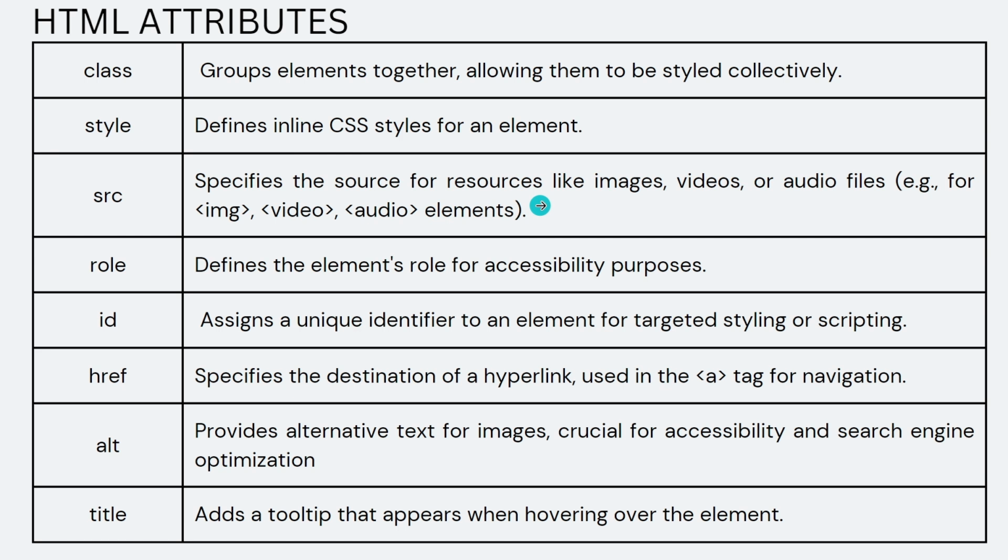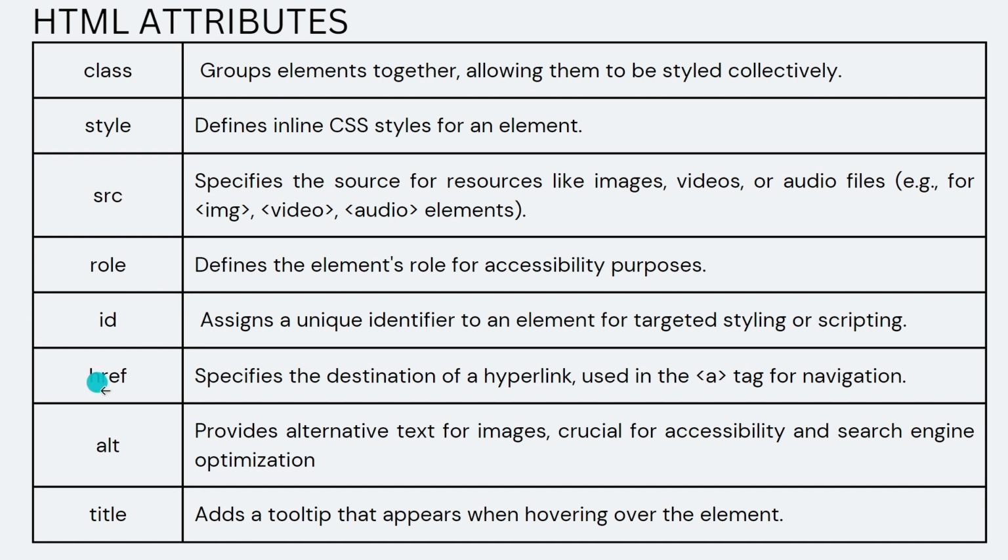If we want to use any source or predefined file inside that tag, then we use src. Role is the element's accessibility role, and id defines a unique identifier. Here id can work like a roll number, because for a single student we can assign a single roll number. No two elements or students can have the same id.